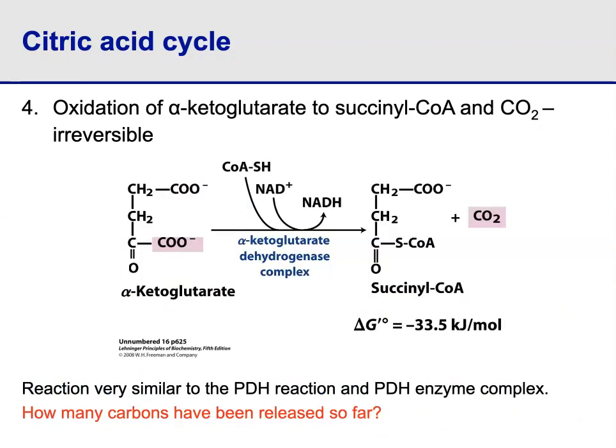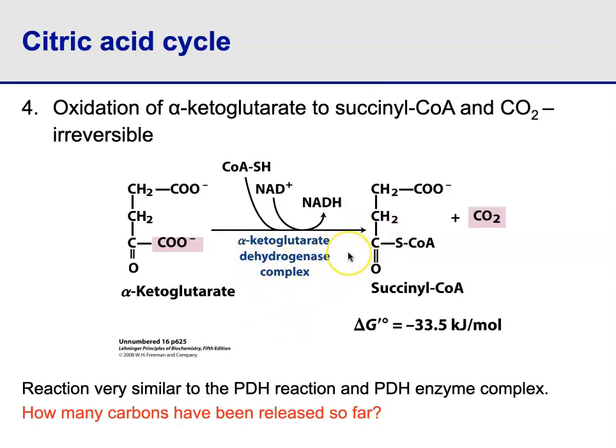Okay, next reaction, oxidation of alpha-ketoglutarate to succinyl-CoA, and again we have a carbon dioxide release. This is again an irreversible reaction catalyzed by the alpha-ketoglutarate dehydrogenase complex. Obviously, dehydrogenase tells you that this is a redox reaction, and it happens to be also irreversible.